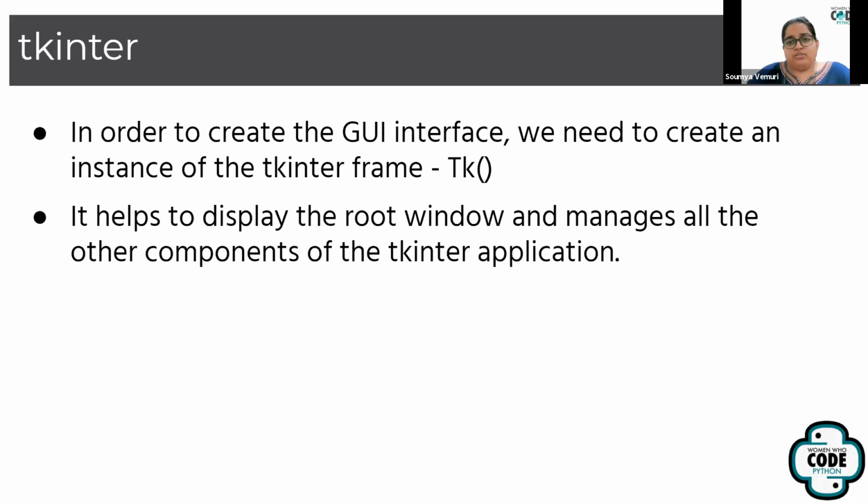In order to use Tkinter's GUI tools to create the interface, you need to create an instance of the Tkinter frame. Creating an instance is the object-oriented programming kind of thing where you create the instance of the class tk, and then you can use all of its methods and variables.